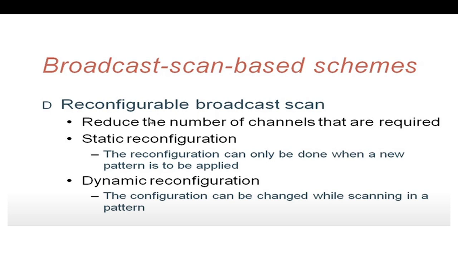So we have static and reconfigurable broadcast scan, which reduces the number of channels. We have both static and dynamic configuration. Static means we can reconfigure only for a new pattern. For dynamic, while we are scanning in a pattern, the configuration itself can be changed.